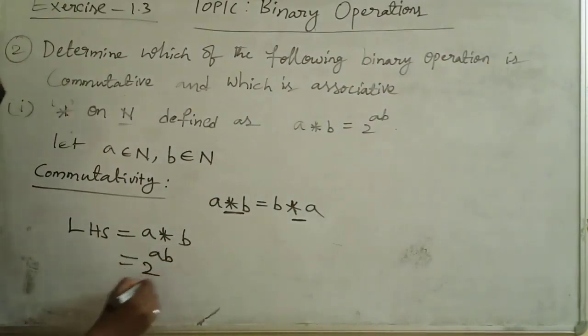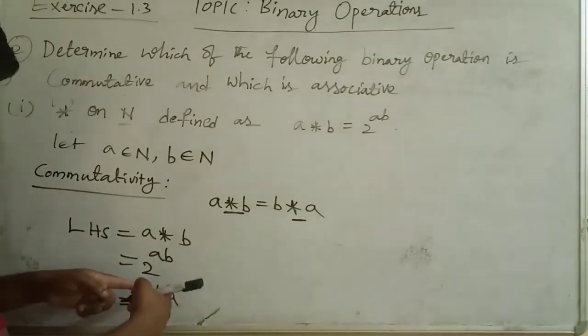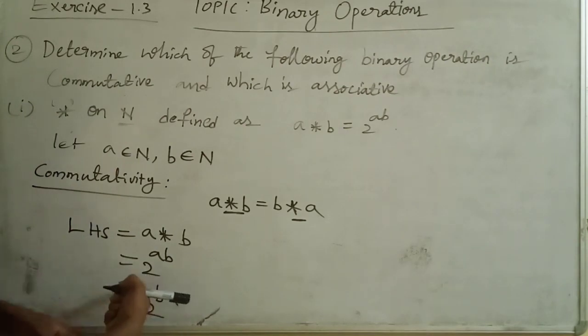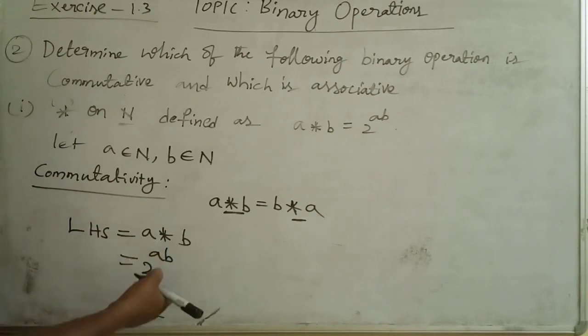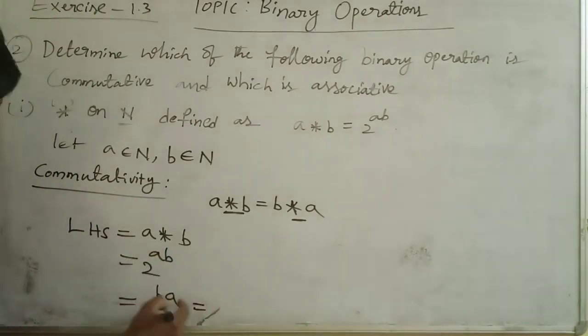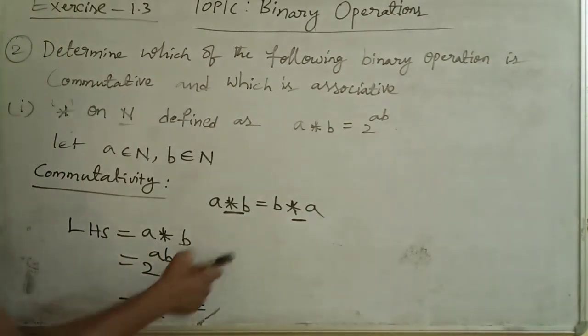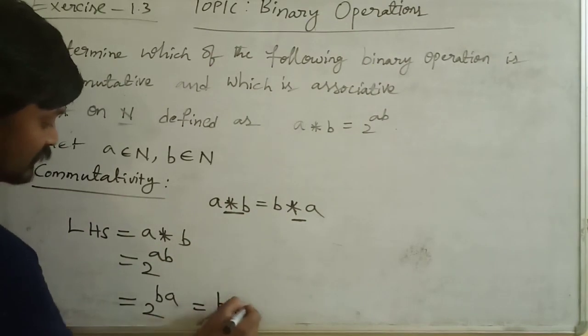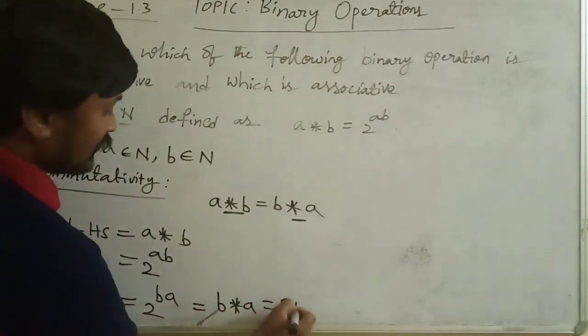Can I write this 2 power AB as 2 power BA? I just changed the order. However the order changes, we get AB or BA, both are the same. So now 2 power BA, with B coming first, means B star A, which is equal to the RHS.